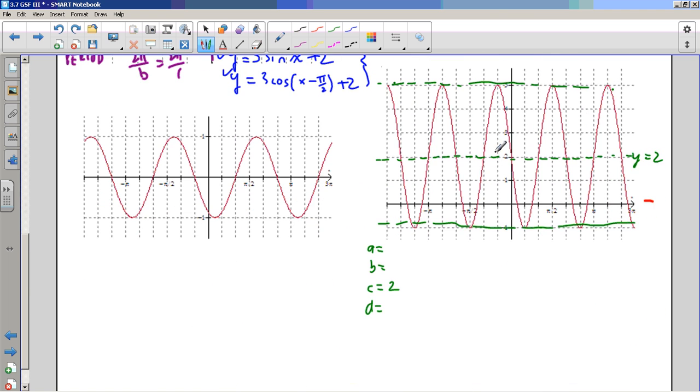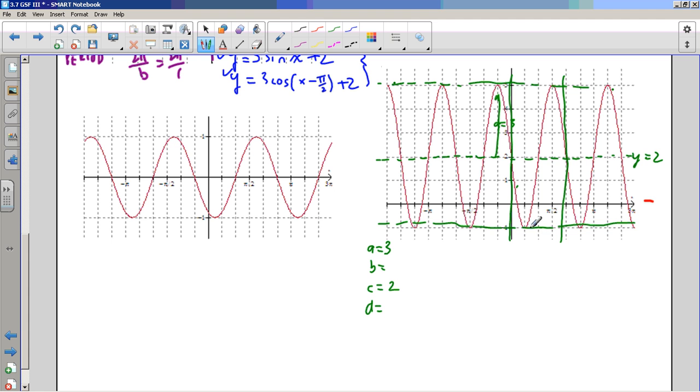Then the amplitude is 1, 2, 3 again, I guess. 3 is the amplitude. A equals 3. The period. Where's one period? Well, notice that even though it goes upside down, one cycle is in here, right there. 1, 2, 3, 4 ticks. It's kind of hard to even see how much that is, but I could think of it.